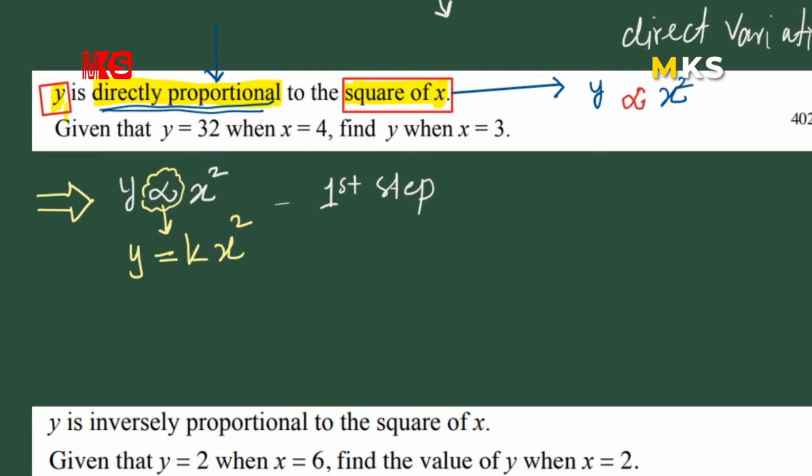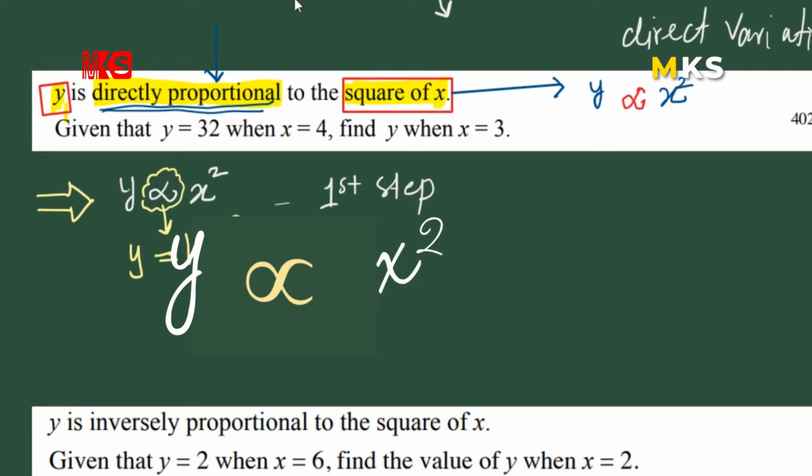I repeat again, the first step is we will write the English statement as an algebraic statement. That was y is directly proportional to the square of x. So first we identified the quantities. One of the two quantities is y, other is x squared, and between them the relationship is direct variation. So y, and then we put the sign of variation, which is just like the sign of infinity.